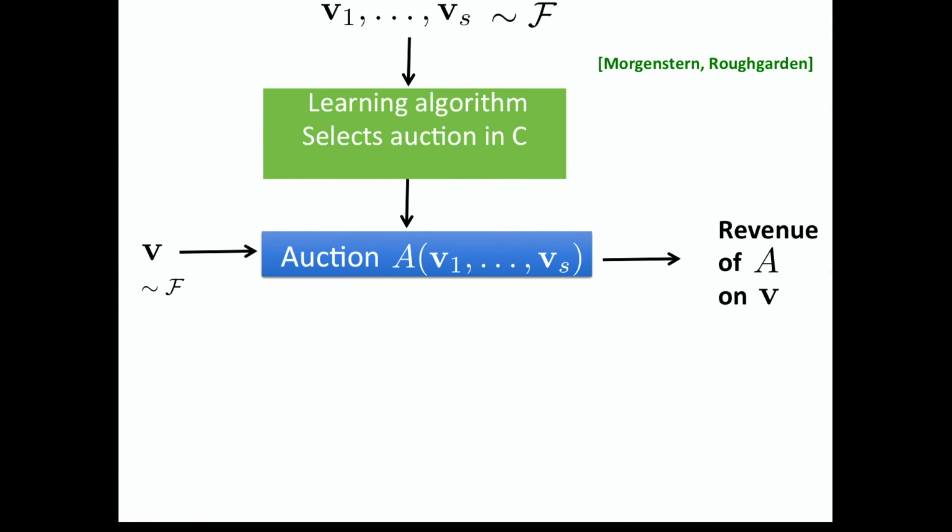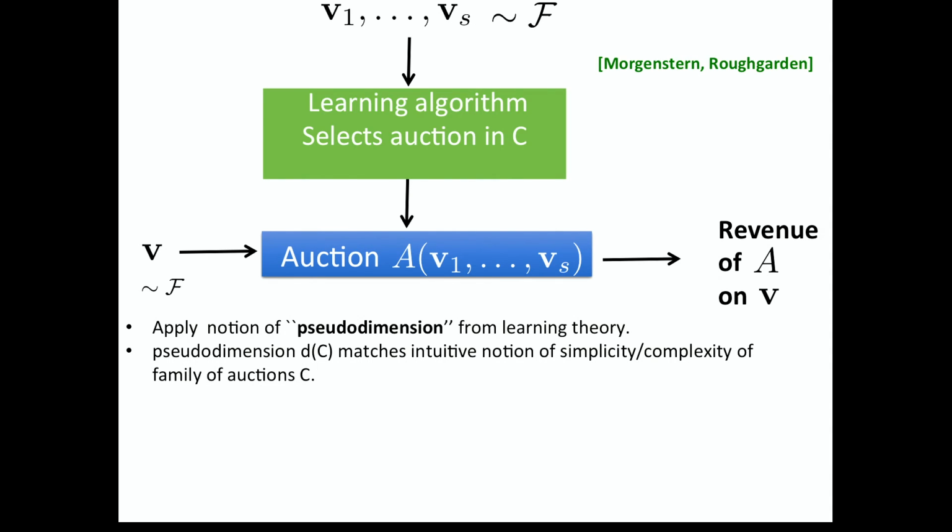And most recently, Jamie Morgenstern and Tim have been importing ideas from learning theory, specifically the idea of pseudo dimension, which is a generalization of VC dimension from binary valued functions to real valued functions. And basically getting bounds on sample complexity in terms of pseudo dimension.